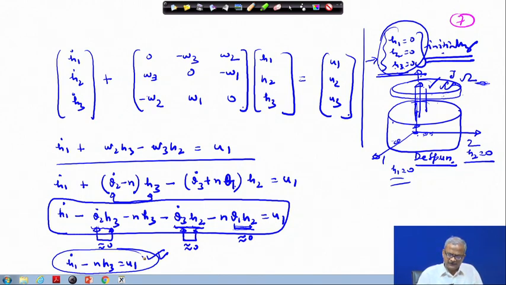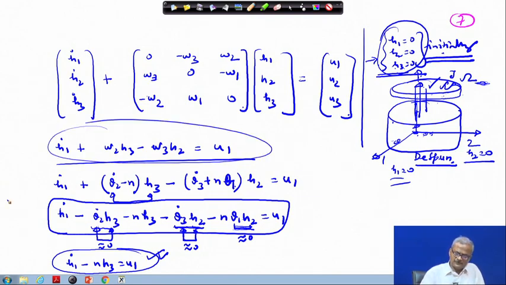If you are considering the nonlinear system, you have to take the equation as a whole, not the linearized one. This is the linearized part: omega 2 equal to theta 2 dot minus n. Similarly, for omega 3 this is the linearized one; you have replaced omega 3 by this linearized value.